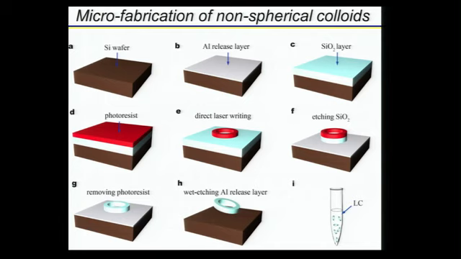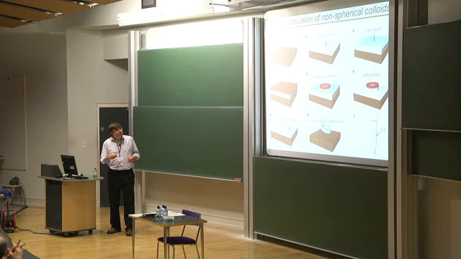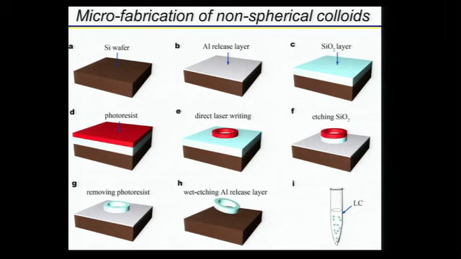So in here you can see the experimental procedure of fabrication of non-spherical colloids that we used some time ago, and you can see it involves the deposition of all kinds of different layers, photolithography, direct laser writing, use of different types of solvents, and after many different steps depicted in here, as well as washing of particles and treatment of surfaces of particles, we can eventually introduce those colloids into liquid crystal mediums and obtain a liquid crystalline dispersion of non-spherical particles.